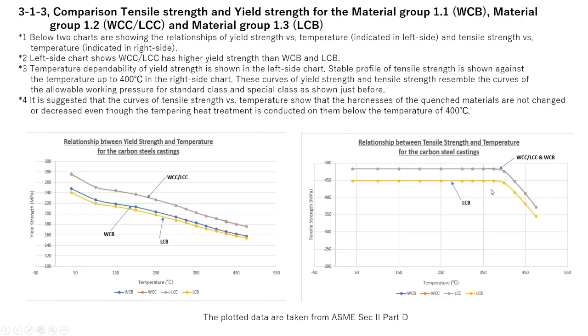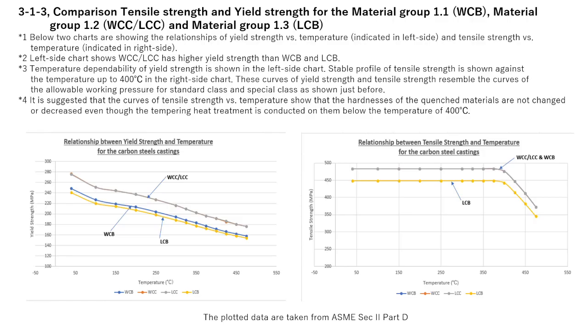Generally, the carbon content in the materials exerts influence on their tensile strength. In the case of heating above 400 degrees Celsius, the carbon element and other elements make big movements in the material structure because their diffusion rates are activated by the heat.